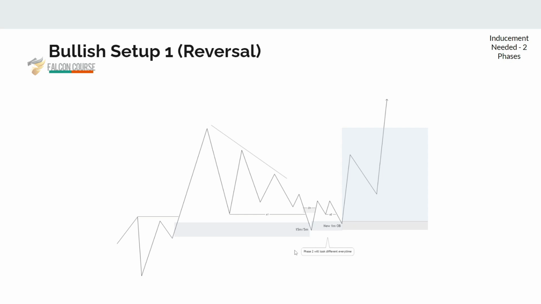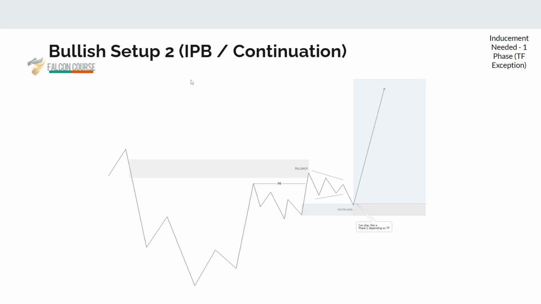Phase 2 will look different every time. Phase 2 can be before the order block after sweeping phase 1, or it can be after, which is a lot more passive for us to be able to capitalize on. And obviously we have a build up heading into our POI, and we also have to evaluate the build up leg as mentioned before.